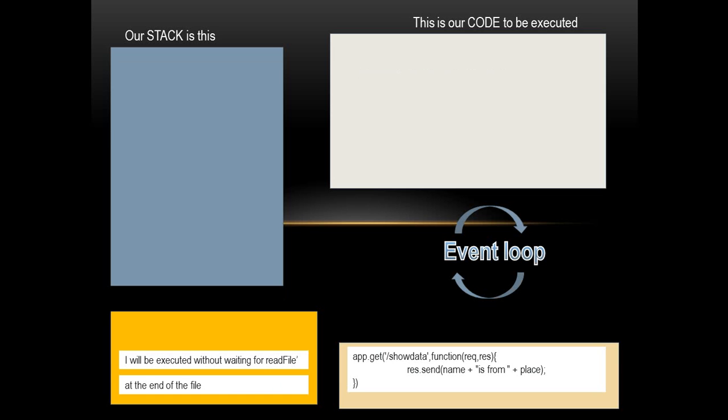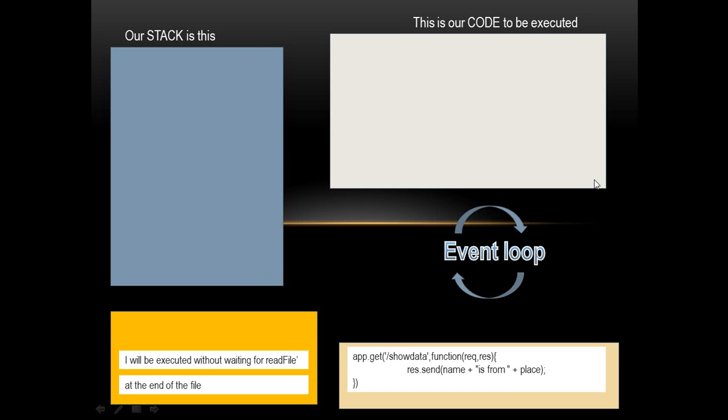Now what the event loop does in the meantime is keep an eye on the bit of code that is getting executed. So it has an eye on this right top box that you are seeing, and it also has an eye on the stack of JavaScript.